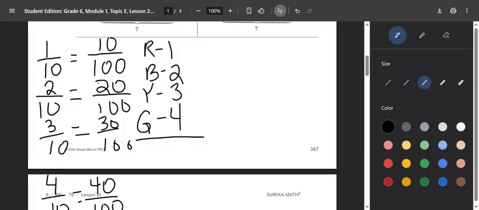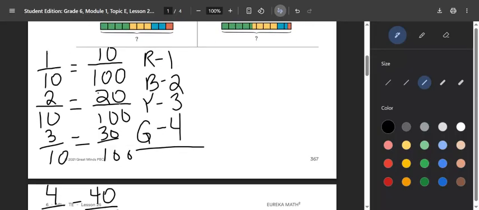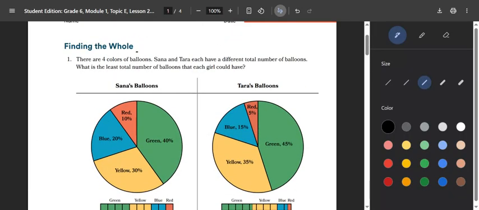Now, all of those balloons total to 3, 6, 10. Plus 4 is 10. 10 total balloons. That's the least amount of balloons that Sana can have.